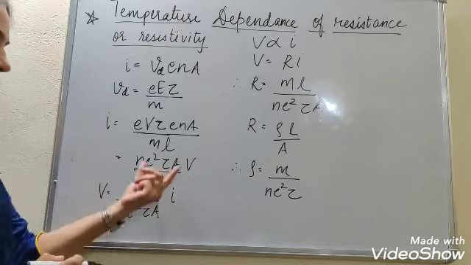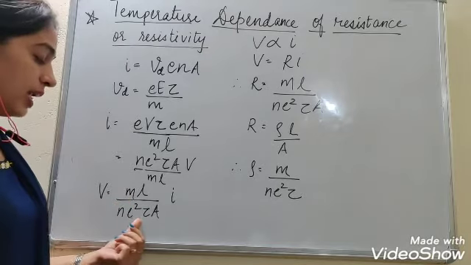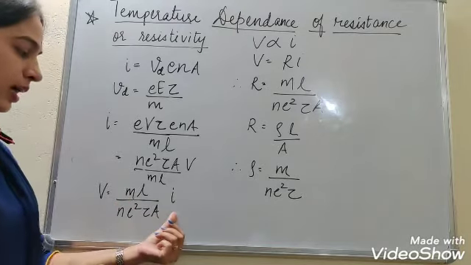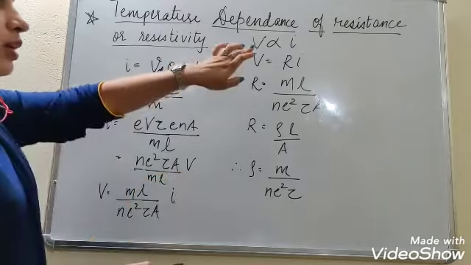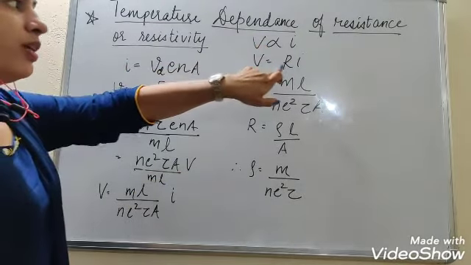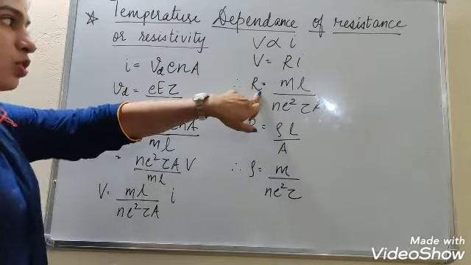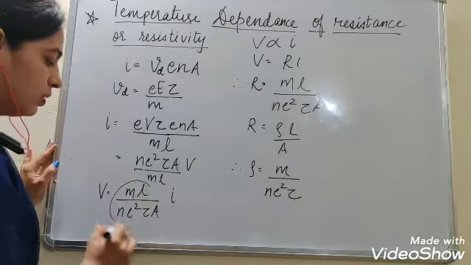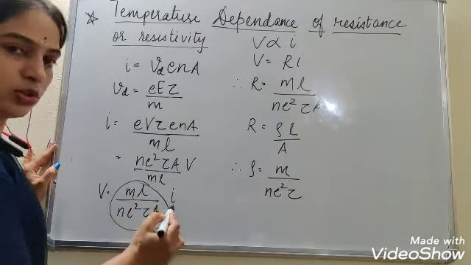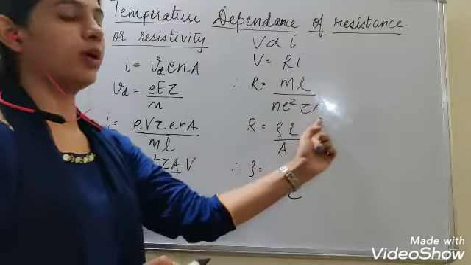Taking these terms to the opposite side, we get V = (mL/(ne²τA)) I. We know V is directly proportional to I, and removing the proportionality sign we write V = RI. So R = mL/(ne²τA).